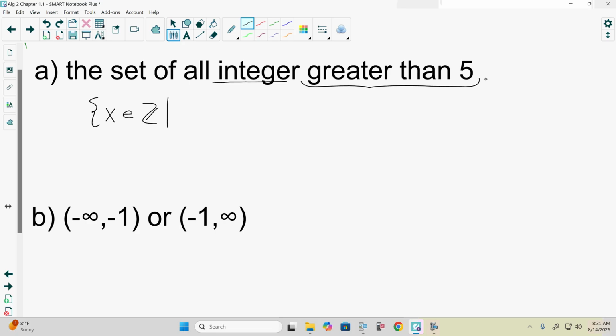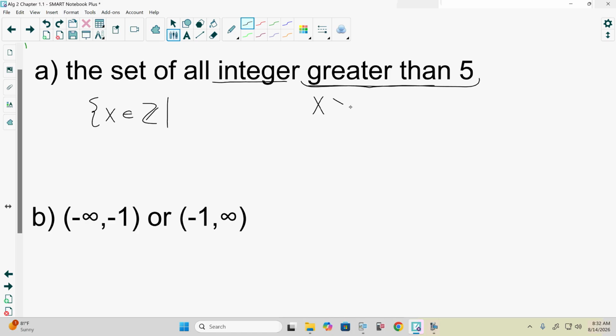Greater than 5, yes? Now, if we wanted to, we can say x is greater than 5, but I don't know if we want to write that out every single time. So what we can do is write this as an inequality. Because what are we talking about? We're talking about x, our numbers, yes? And they are what? Greater than.